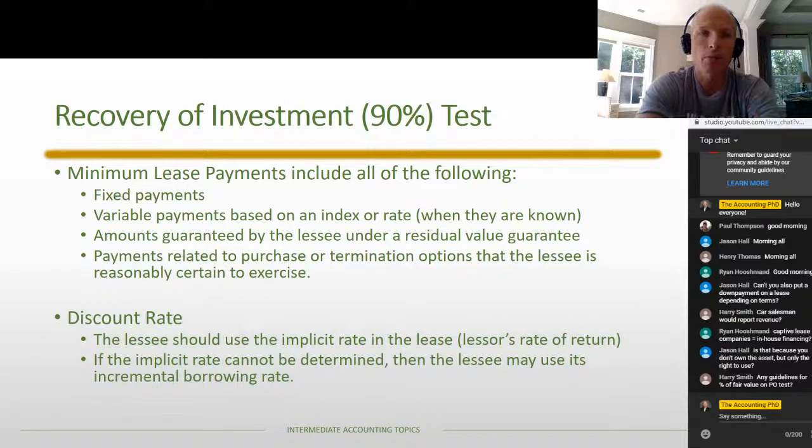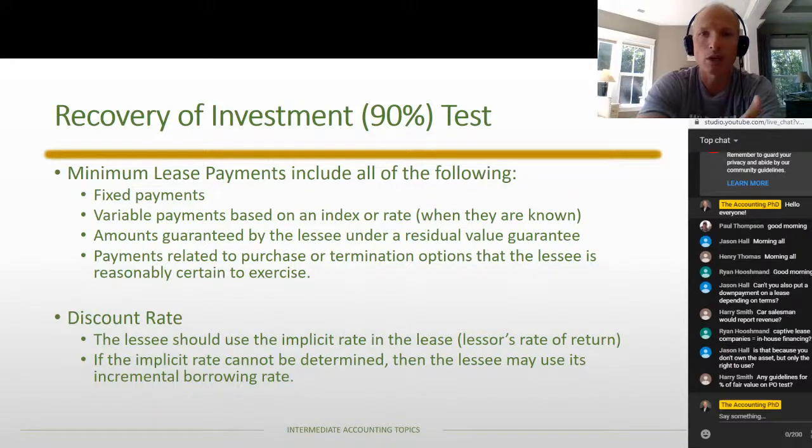Another part of the minimum lease payment would be any purchase or termination options that are reasonably certain to be exercised at the end of the lease. As an example, let's say that I have an obligation to buy the asset at the end of the lease for $5,000. Well, that would be included in the minimum lease payments. Or let's say that I have to pay a $1,000 fee if I don't renew at the end of the lease.